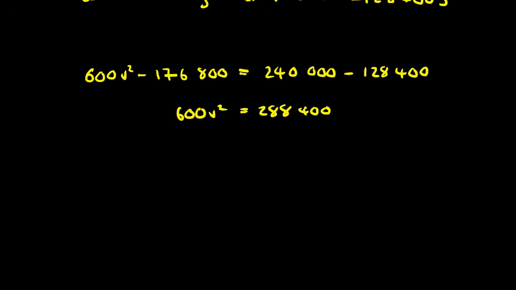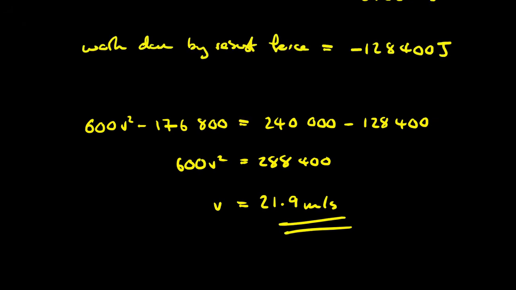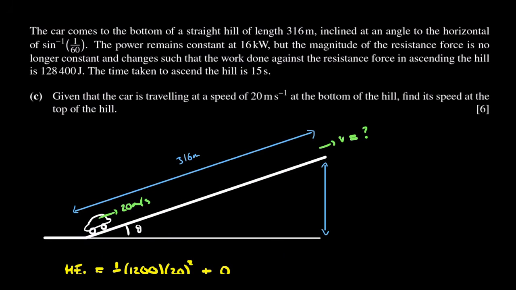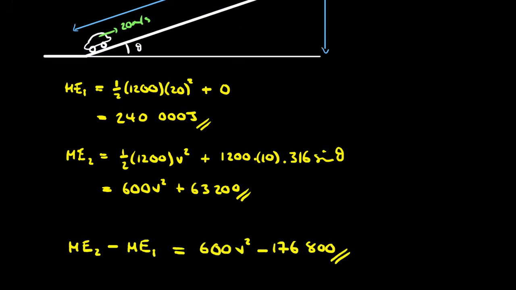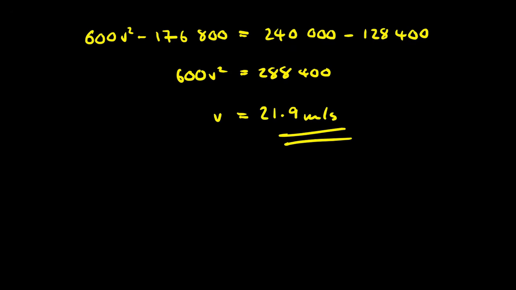And so if I divide both sides by 600, I'm going to get 481. If I square root that, I'm going to get my velocity is 21.9 meters per second. Okay, and that should be our answer. Let me just check that I've understood the question correctly. Find the speed at the top of the hill, which is 21.9.